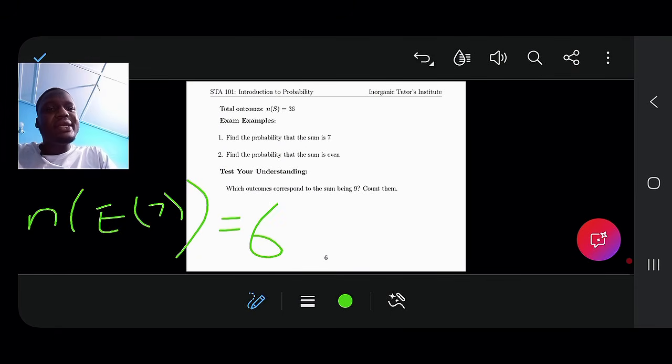So you divide this by the total sample space. Well, we will discuss this further in the future slides, but let's start some intro on that. So you divide the number of outcomes that will give you 7 by the total in the sample space.